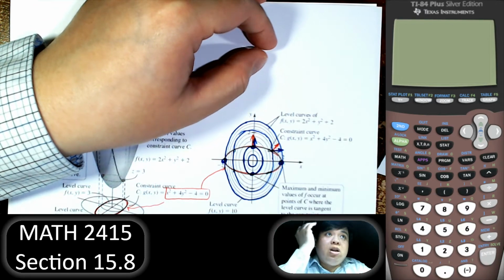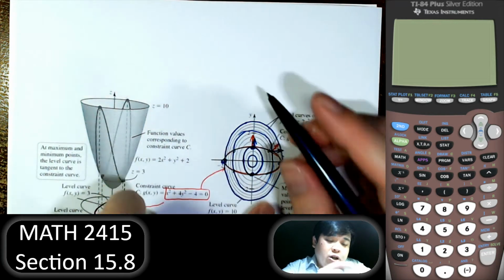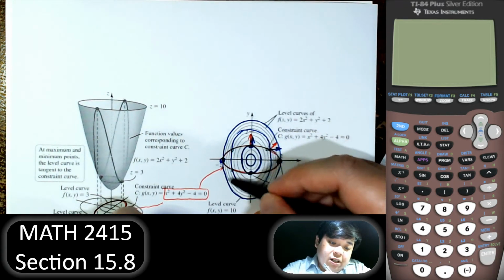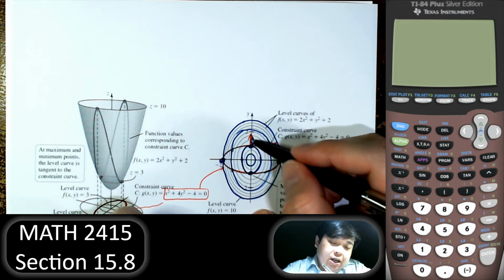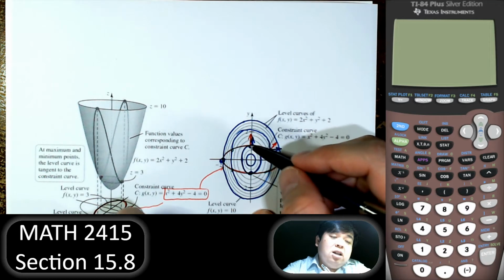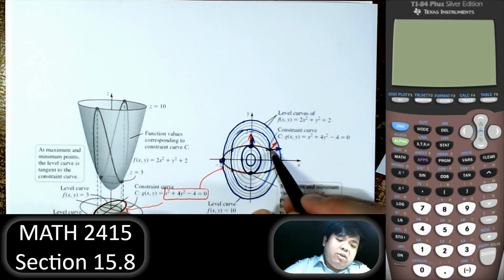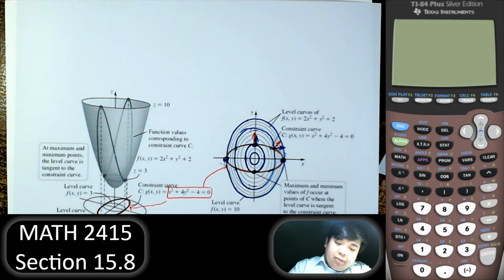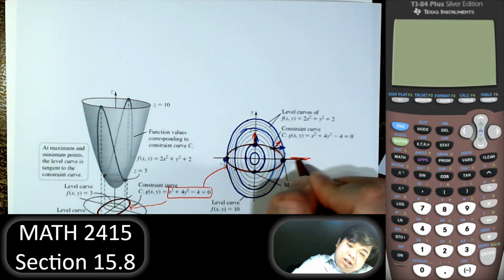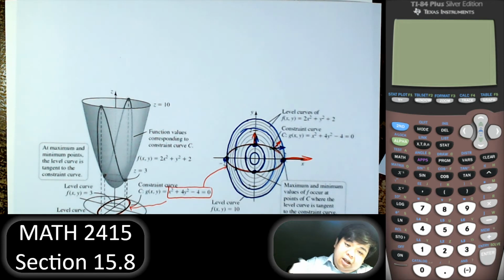So essentially we want the gradients to point in the same direction. The gradient of the level curve must be pointing in the same direction as the gradient of the constraint curve. And that's the idea of Lagrange multipliers. There are a bunch of intersections, but those do not align. We only find the points where the gradient is orthogonal to the tangent and also points in the same direction.